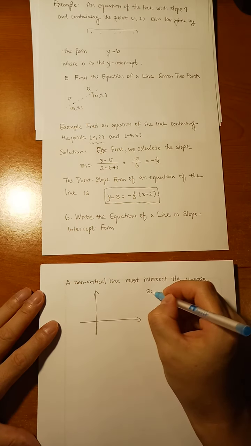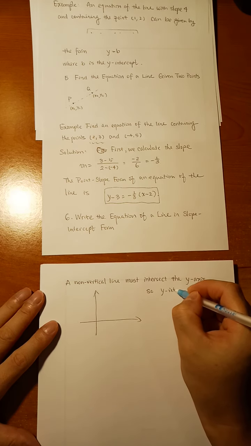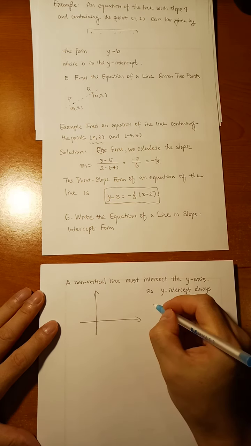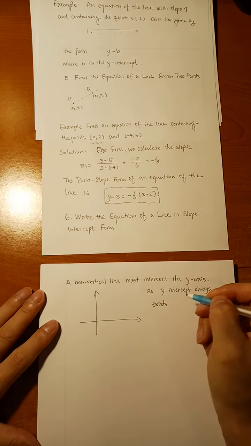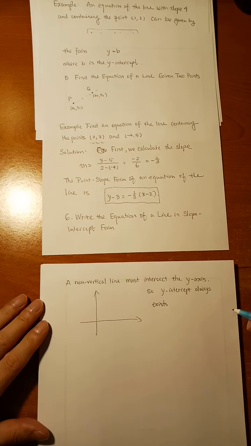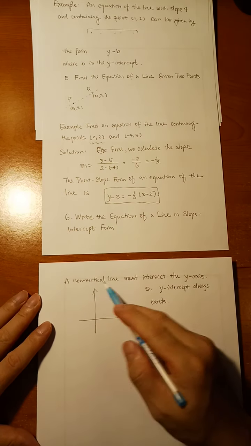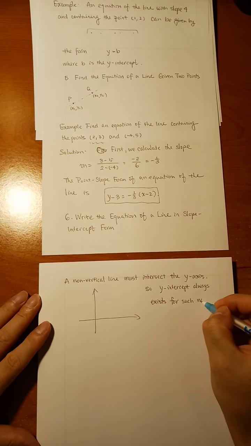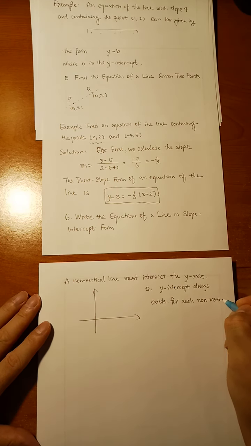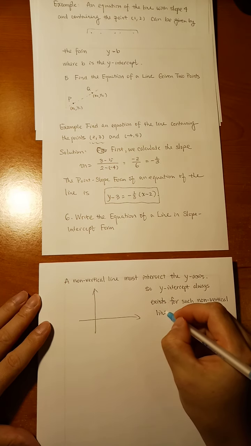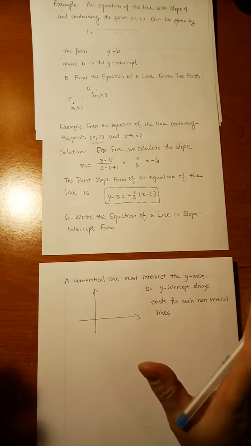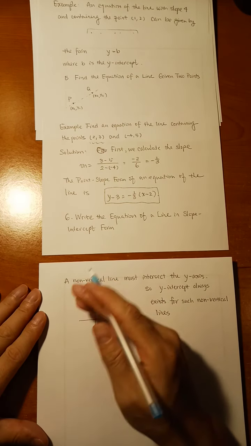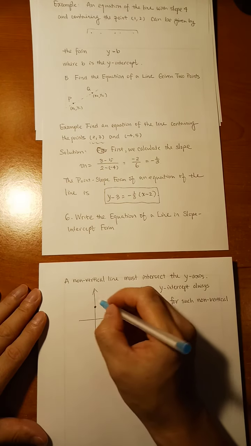So the y-intercept always exists for such non-vertical lines. Okay, assume we know the y-intercept, b. It can be any place. It doesn't matter if it's on the top or on the bottom.